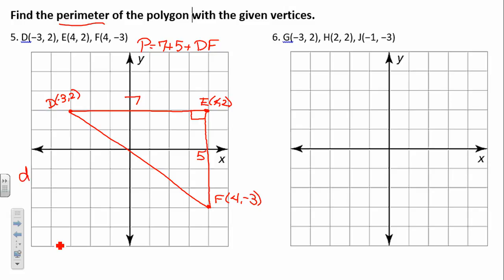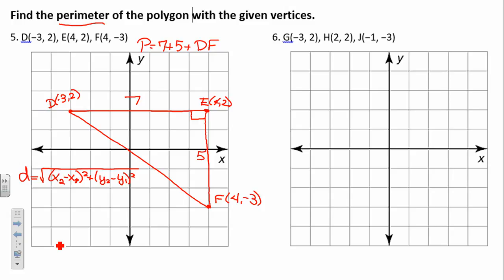So distance formula. The square root of x minus x, right, squared plus y minus y squared. And we want to have that formula memorized by the time we take our test. So write it down each time until you know it by heart.